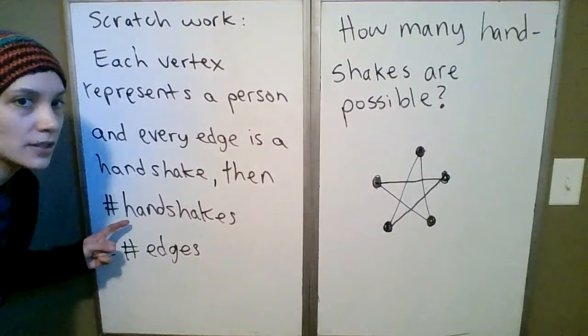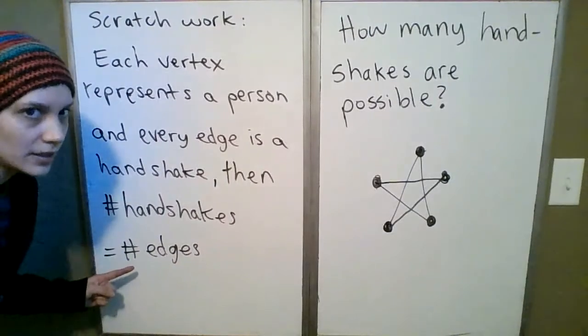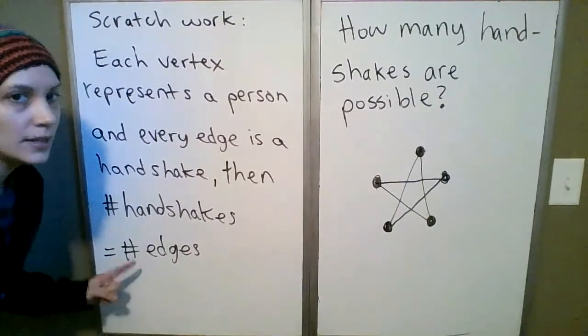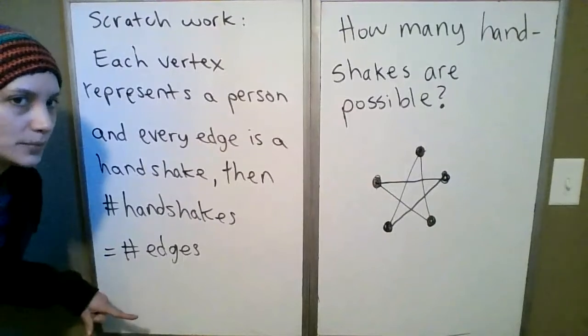I want to know how many handshakes there are, which means I want to know how many edges there are, and use the theorem. Find the sum of the degrees and divide by 2.